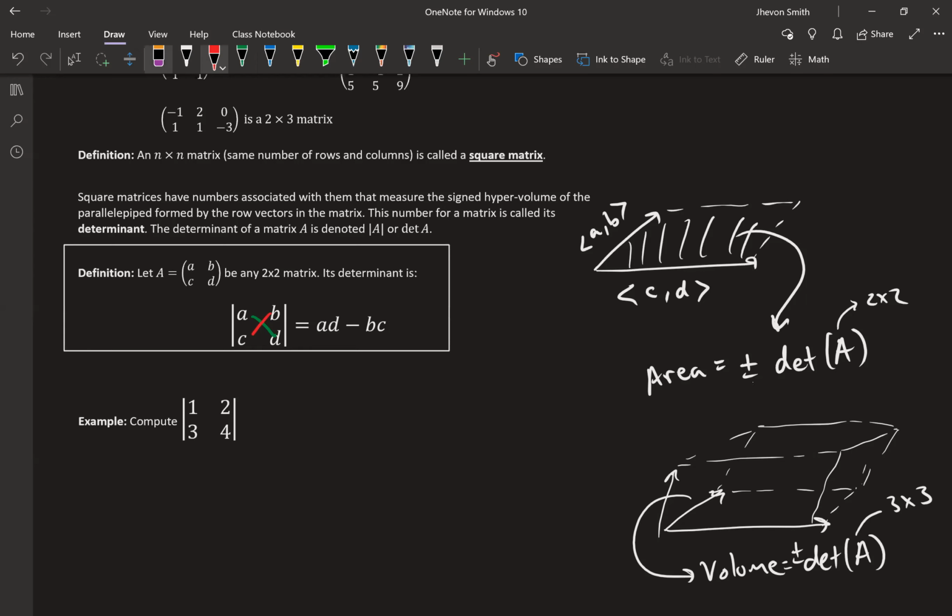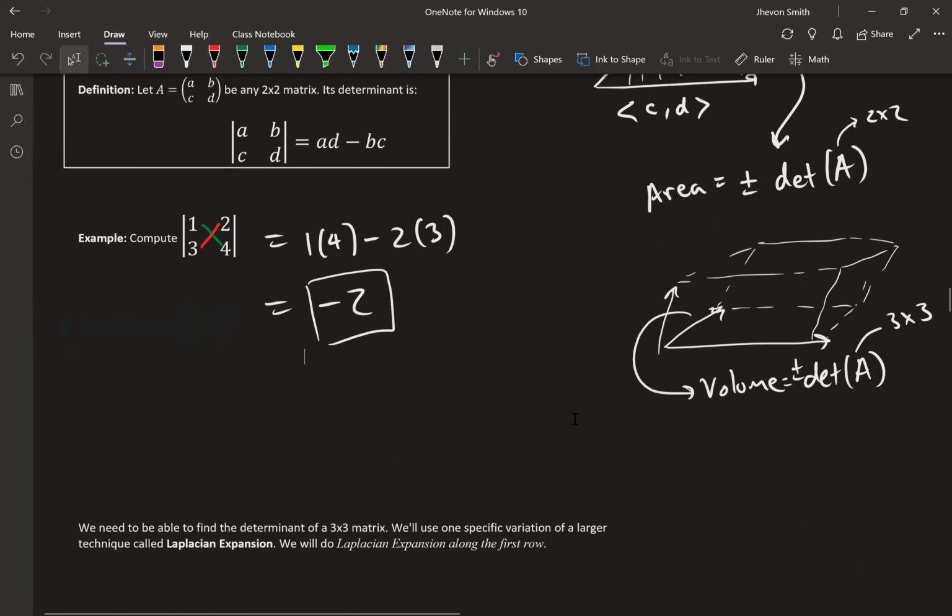So, for example, if I ask you, what is the determinant of 1, 2, 3, 4? Well, I would take the 1 times the 4, and then subtract the 2 times the 3. So this would be 1 times 4 minus 2 times 3. This is actually going to give us minus 2. So that is the determinant here.